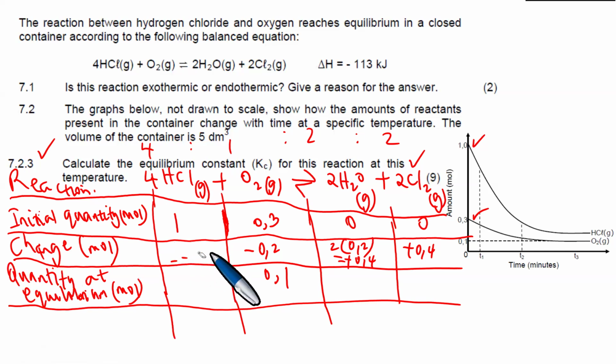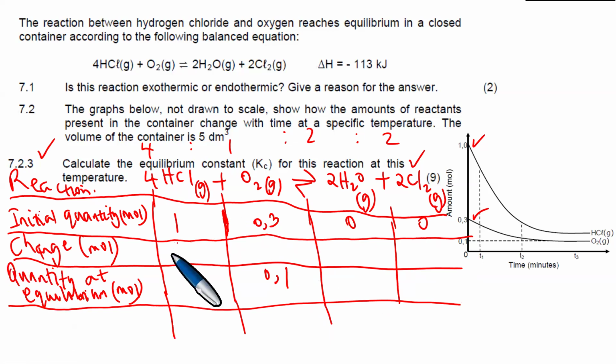Okay, I'm going to use another technique we use, because these values, we did not know them before. We knew the examiner gave us the quantity at equilibrium, 0.1, and the quantity initially, 0.3. So now what do we do? We use the mole ratios.